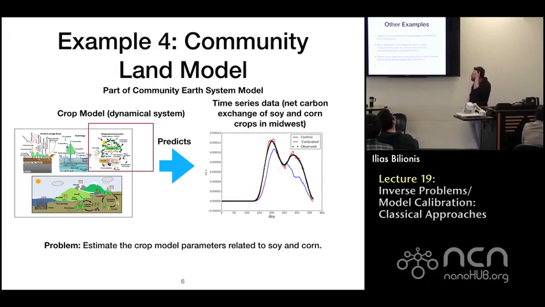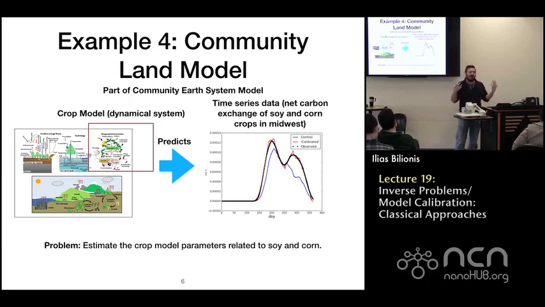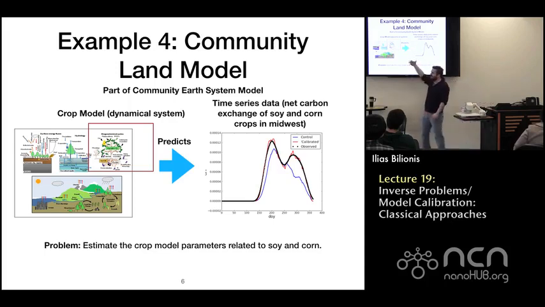All right, so other examples of inverse problems? Yes? Predict the carbon quantity or something. So here what you really want to do is simulate the whole Earth. To simulate the whole Earth, you need to simulate crops, okay? And to simulate crops, you need to know how corn and soy grow in an uncertain environment. And that model predicts exactly that.